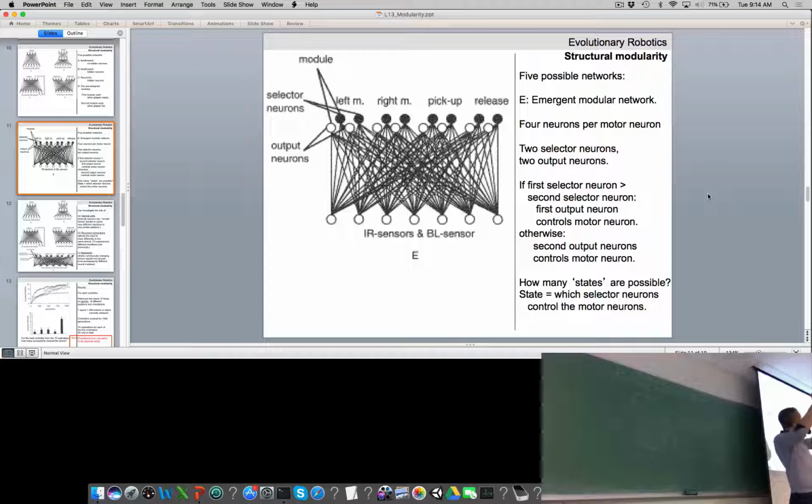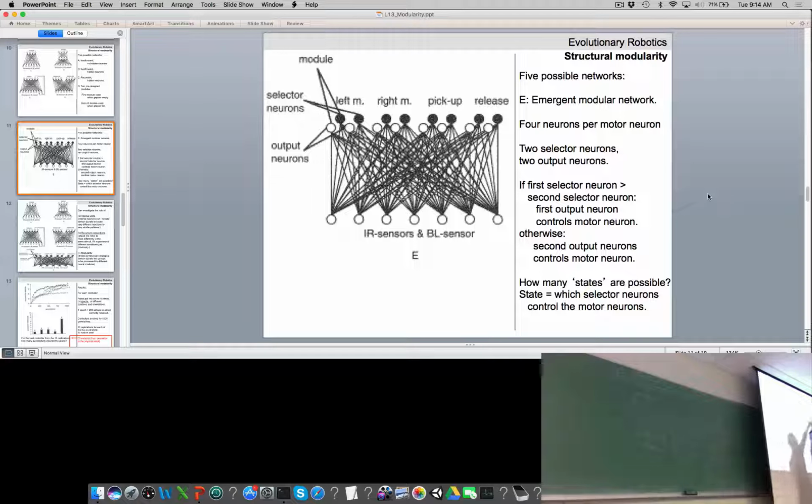If the value of the left selector neuron is greater than the value of the right selector neuron, the left output neuron sends its value to the left motor. If the right selector neuron is higher than the left selector neuron, then the value at the right output neuron goes to the left motor, right?